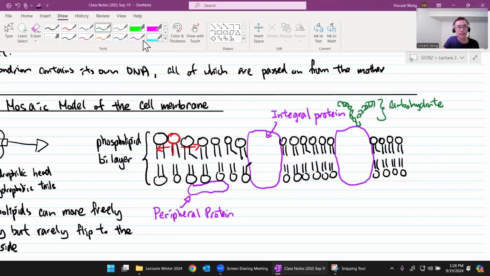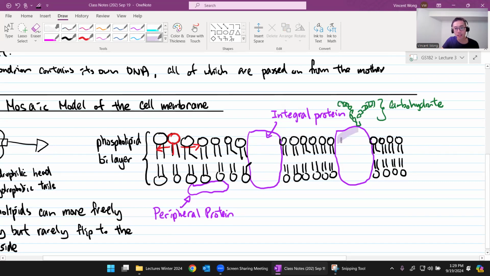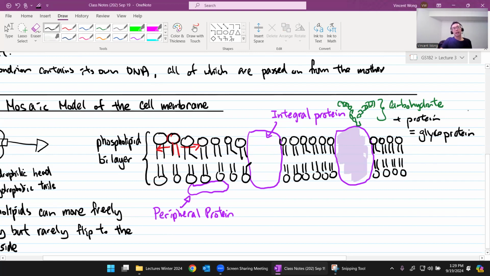And the whole thing, the protein portion plus the carbohydrate, this whole thing here, carbohydrate plus the protein, it's called a glycoprotein. Glycoproteins are important for creating cell identity.